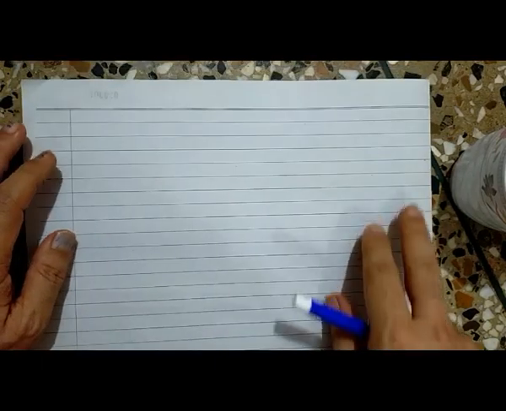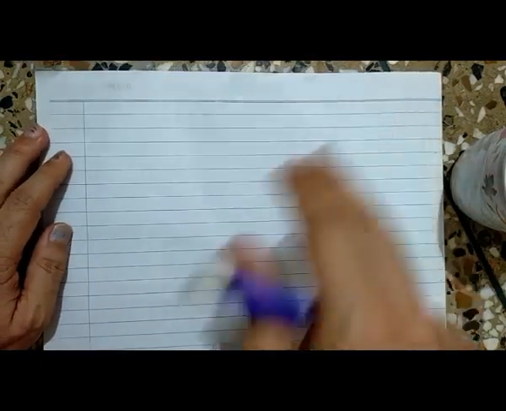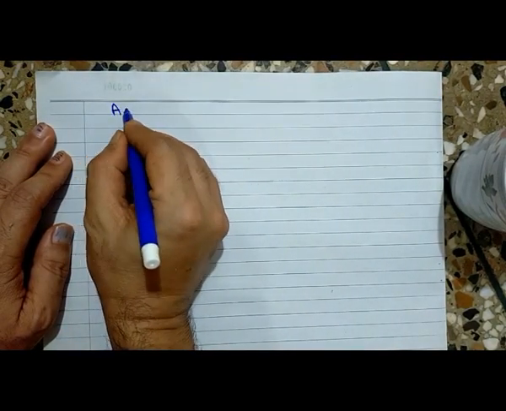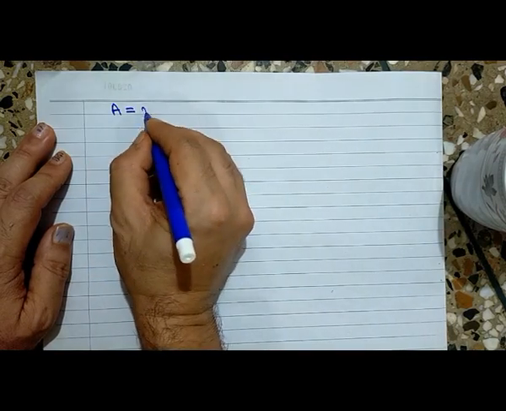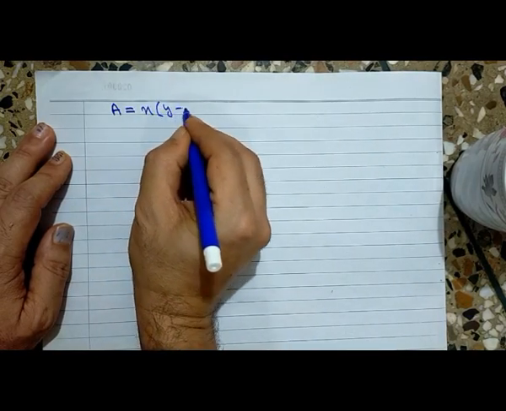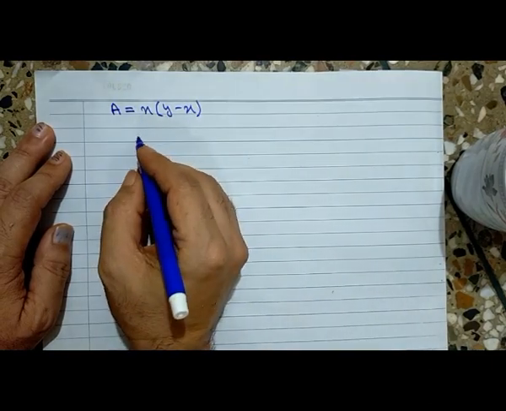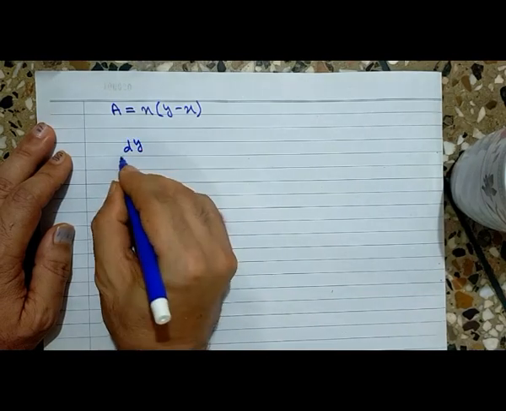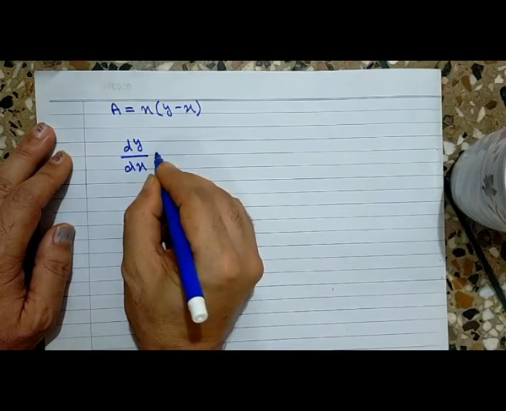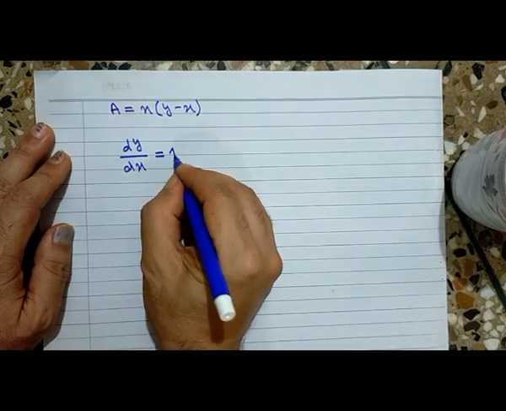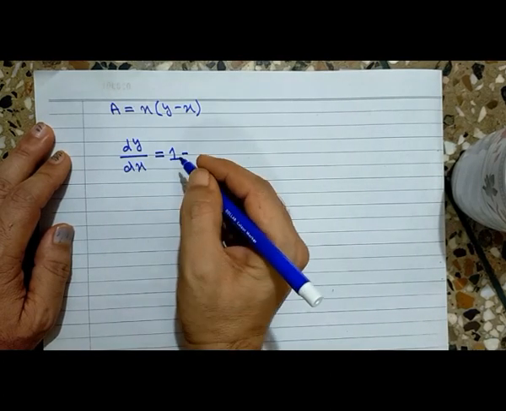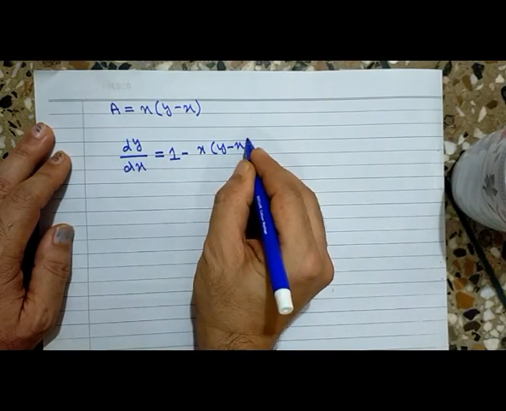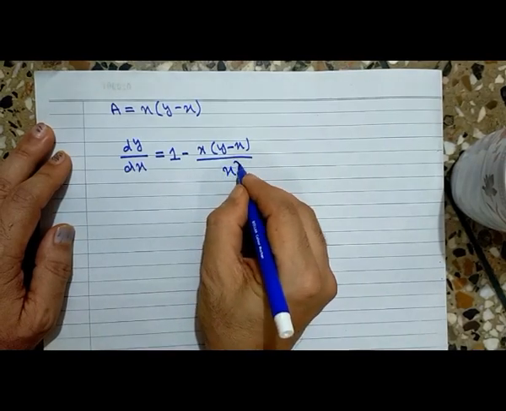Okay, so let's continue with the problem. We obtained, I rewrite again, a is equal to x into y minus x. It means that dy by dx now is 1 minus x into y minus x over x squared.